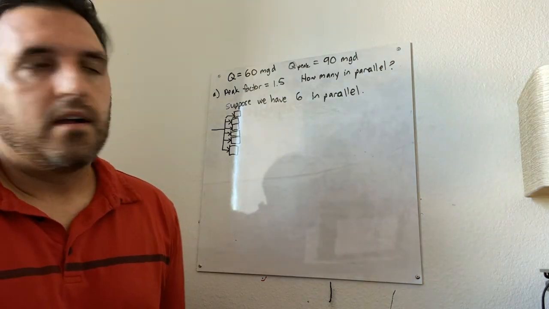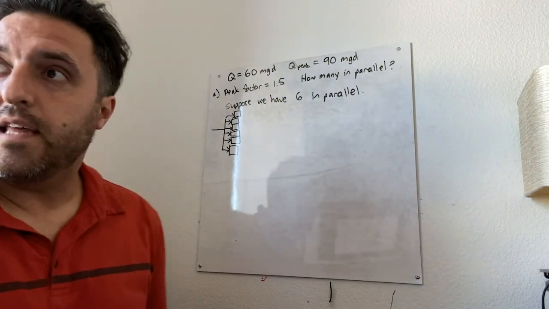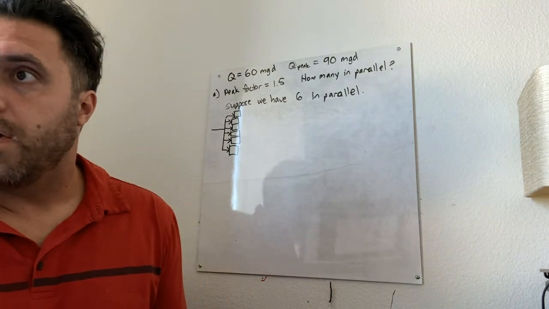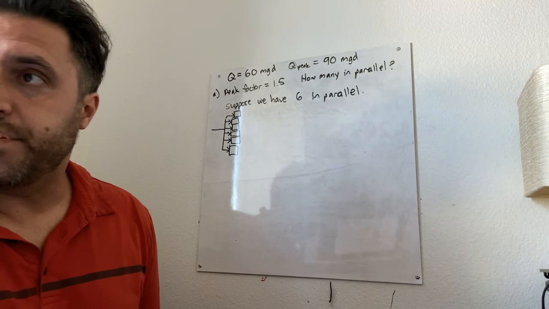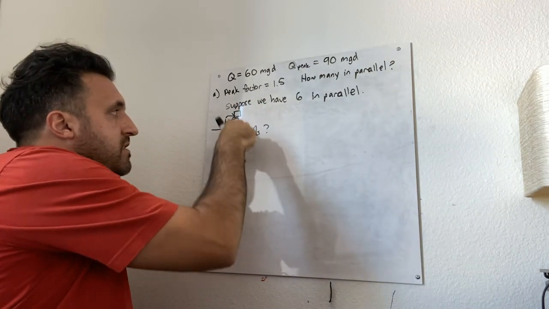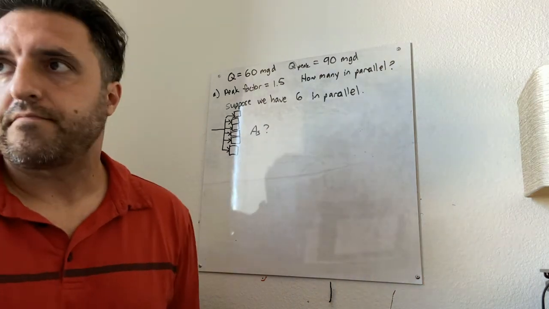And we want to calculate next the filtration rate, or sorry, the surface area based on a filtration rate. So we want to know what is the surface area of each of these 6 parallel filters.